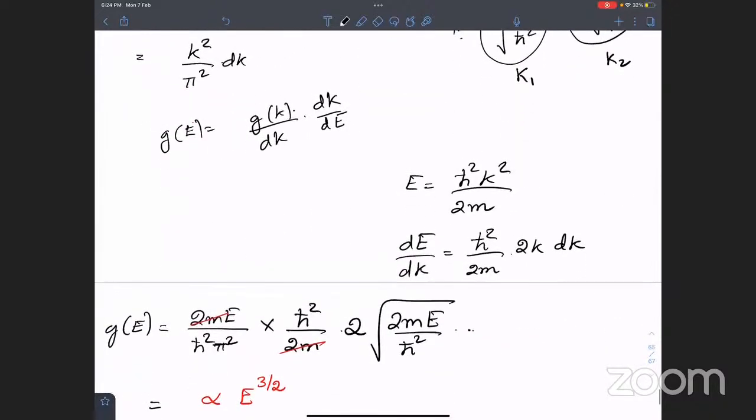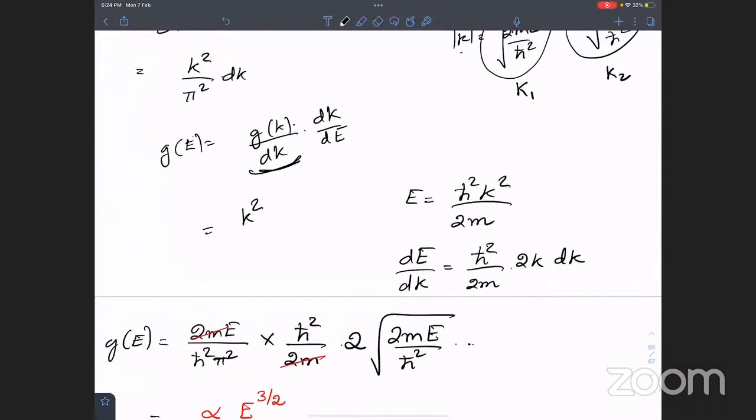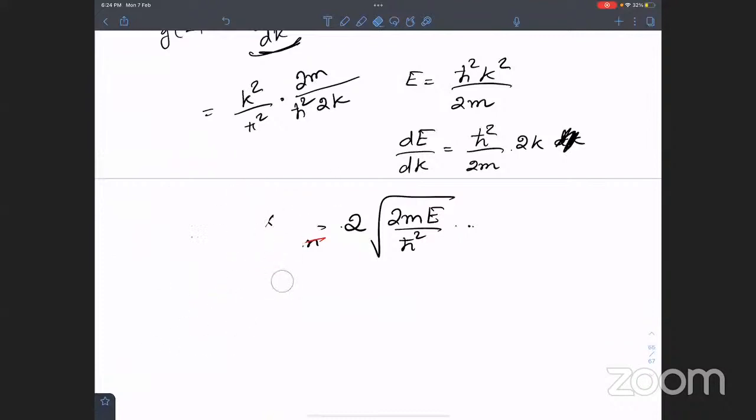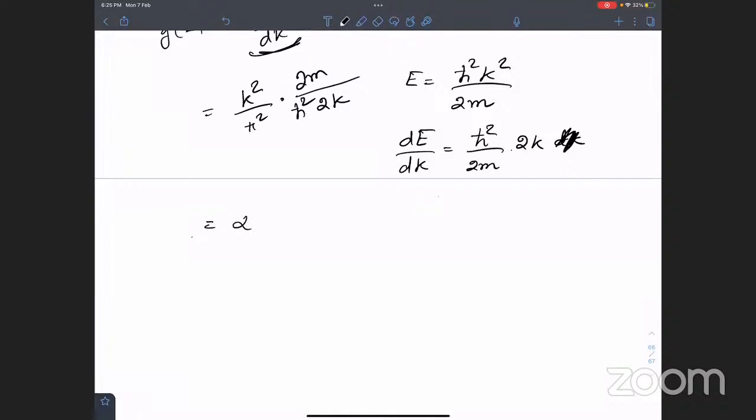That's where I made a mistake. g of k dk is nothing but k square by pi square. dk by dE is the reverse of this, so that's 2m divided by h bar square into 2k, which is proportional to k, and k is proportional to root 2mE by h bar square.